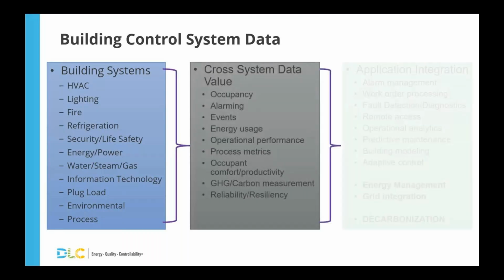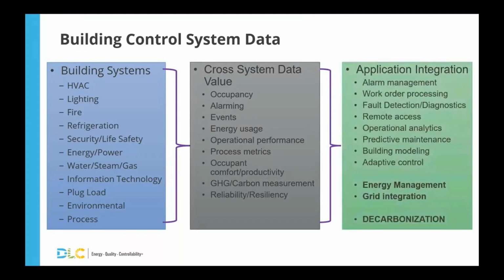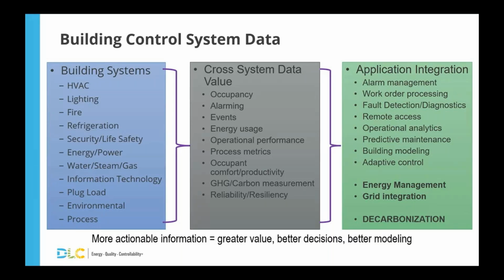So as we extend those systems and converge those systems, that overlapping information can help the system designer, which Matthew over here is going to talk a little bit about, as to the value of using that information in a more concise and operationally efficient way with the sequences. So we get greater value, better decisions, and better modeling of our buildings.